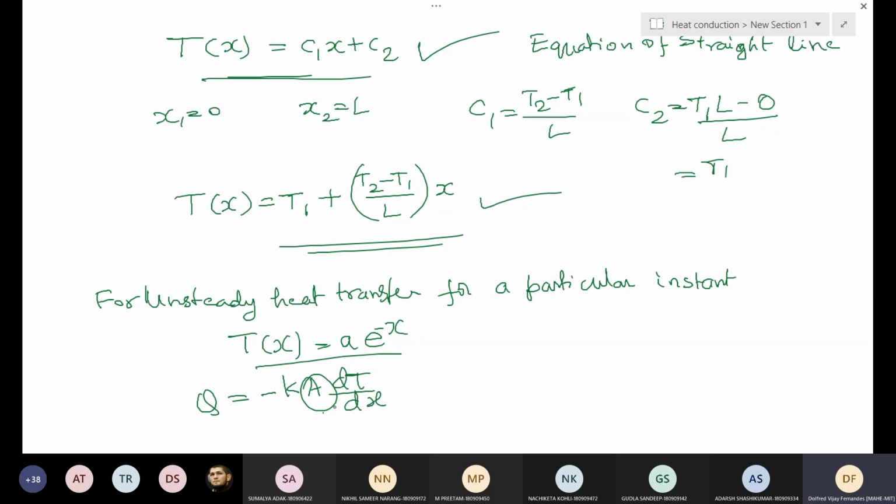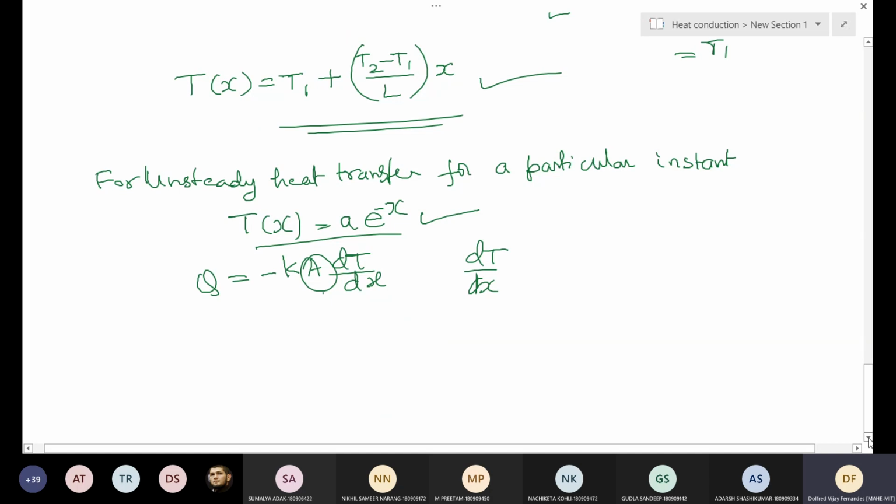That means you don't know the area of the wall, but if the wall area is 1 meter square, then that is the rate of heat transfer through that 1 meter square area. Using this temperature profile, you can calculate dT by dx easily, substitute into this formula and calculate the rate of heat transfer. So that's what you have to understand. Temperature profile is also important for us. When the temperature profile is known, we can easily calculate the rate of heat transfer through the wall.